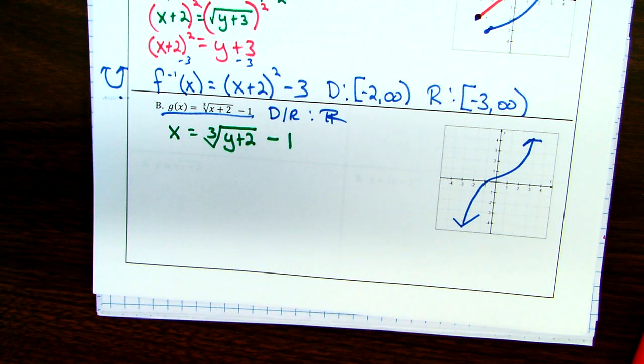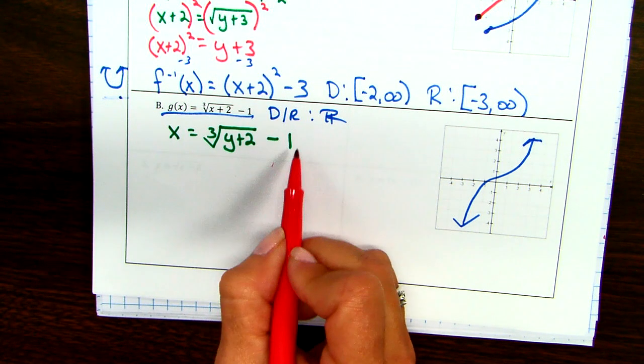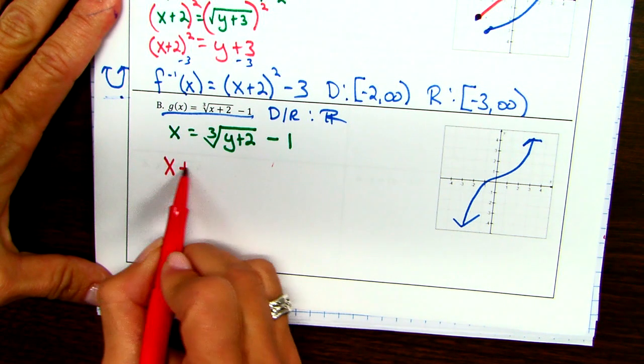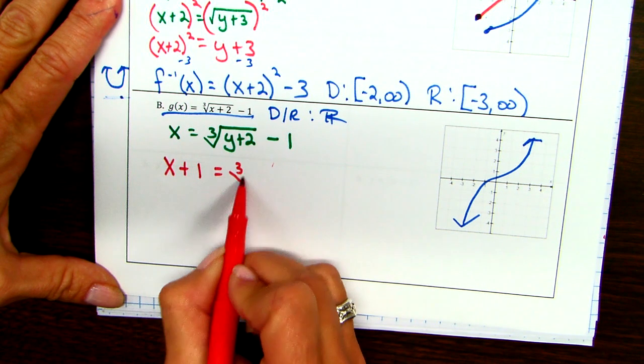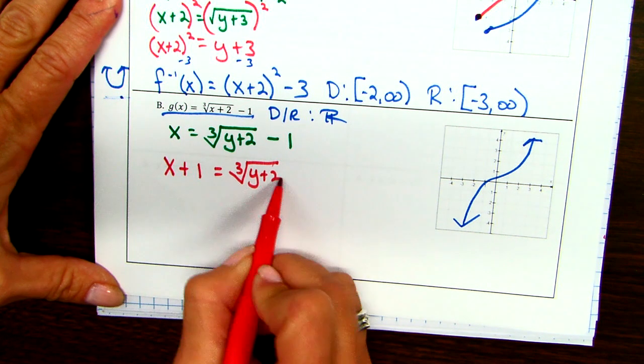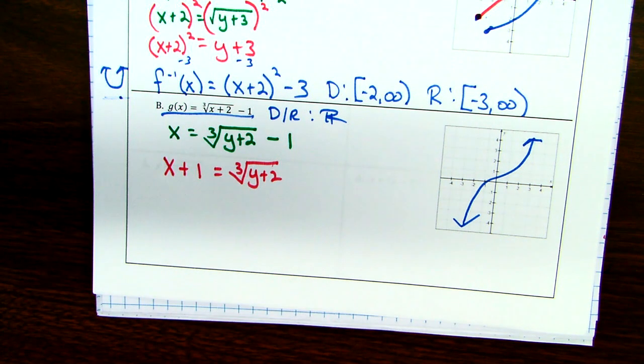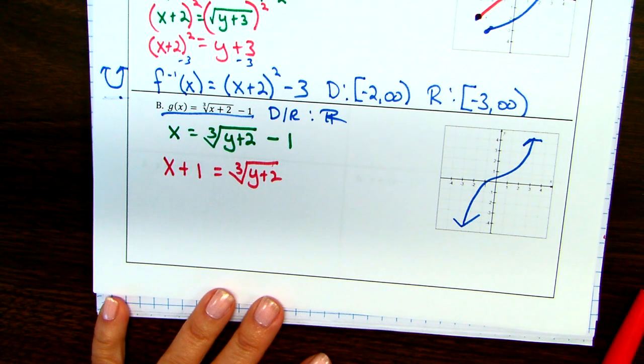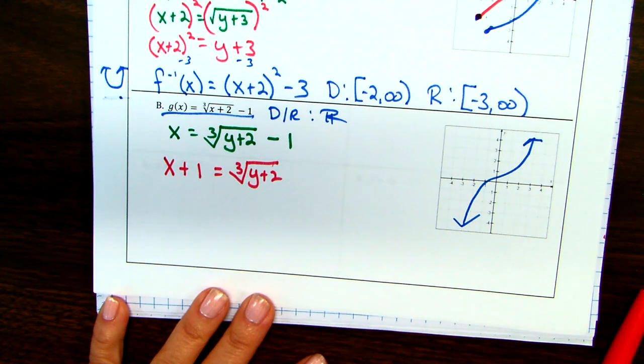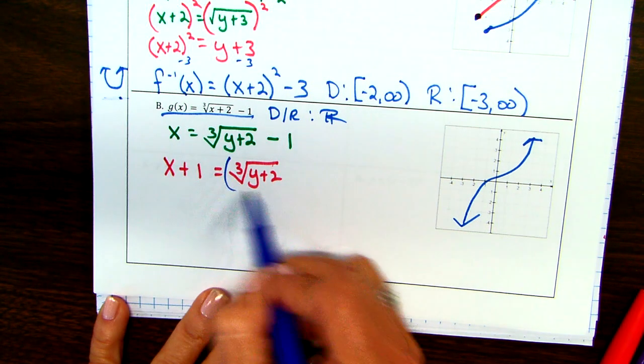And don't forget we have to solve for y. Now, I showed a lot of work in example A. I don't need to see you write +1, okay? Totally fine for you to not show that step, or show it if you want. How do we undo a cube root? Cube.